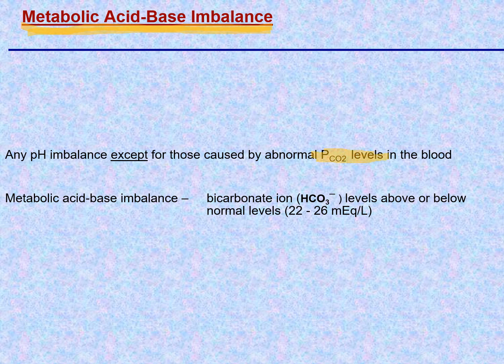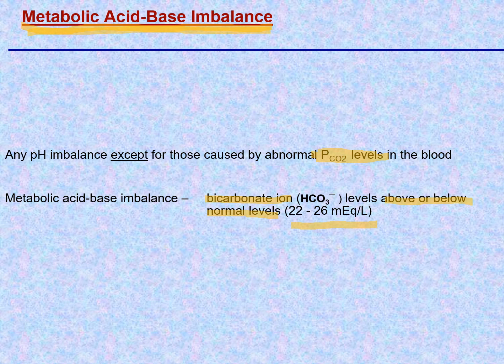Okay, so anything involving abnormal PCO2 levels in the blood, partial pressure of CO2 in the blood, are respiratory imbalances, either respiratory acidosis or respiratory alkalosis. If any pH imbalance is occurring that is not associated with or caused by abnormal CO2 levels, then it's a metabolic acid-base imbalance. And you look at the bicarb levels, and they will be higher or lower than normal. And the normal level is from 22 to 26 milliequivalents per liter.